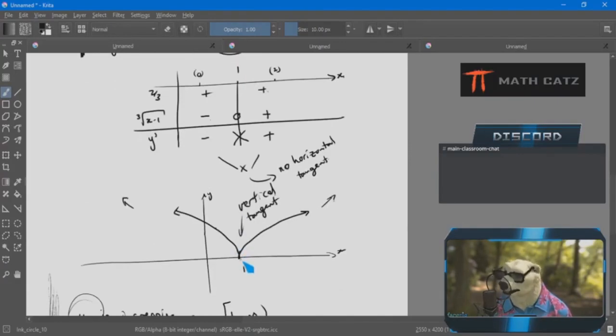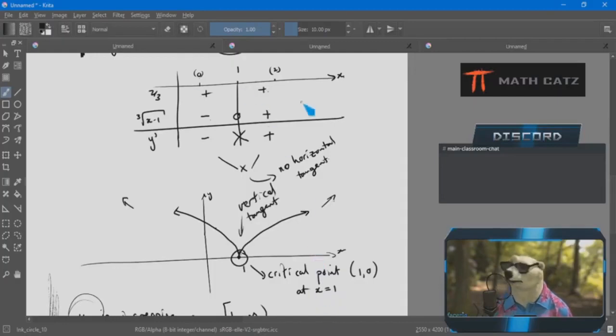And what I get here is a point where things are changing. It's going downhill to uphill. There's a turning point. It's an interesting point in the graph. We're going to call that a critical point. It's really critical to the property of the graph, to the features of the graph, to the type of graph that I see. Critical point is going to be the point 1, 0. Or I can say critical point at x equal to 1.